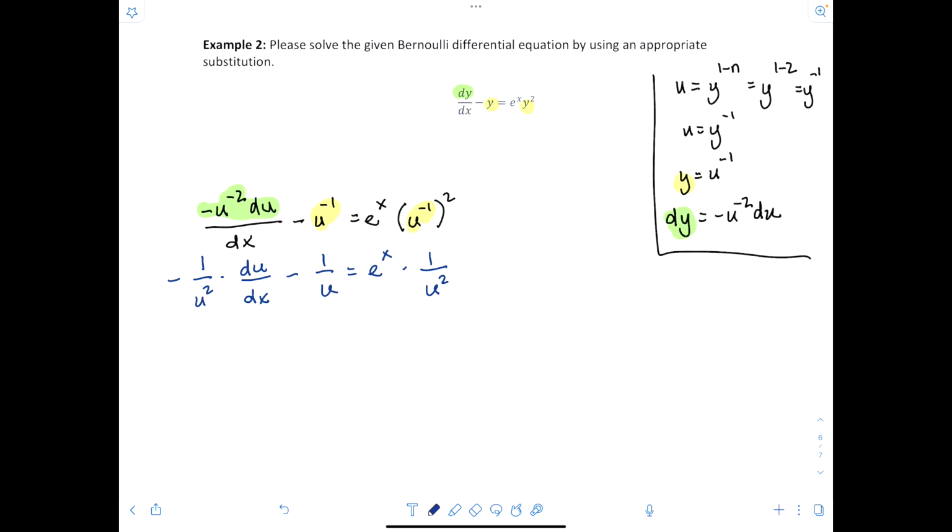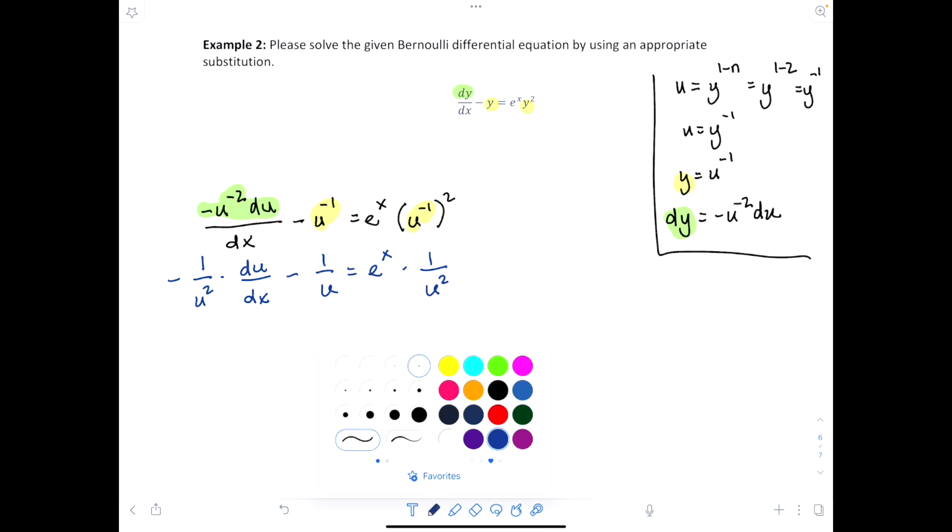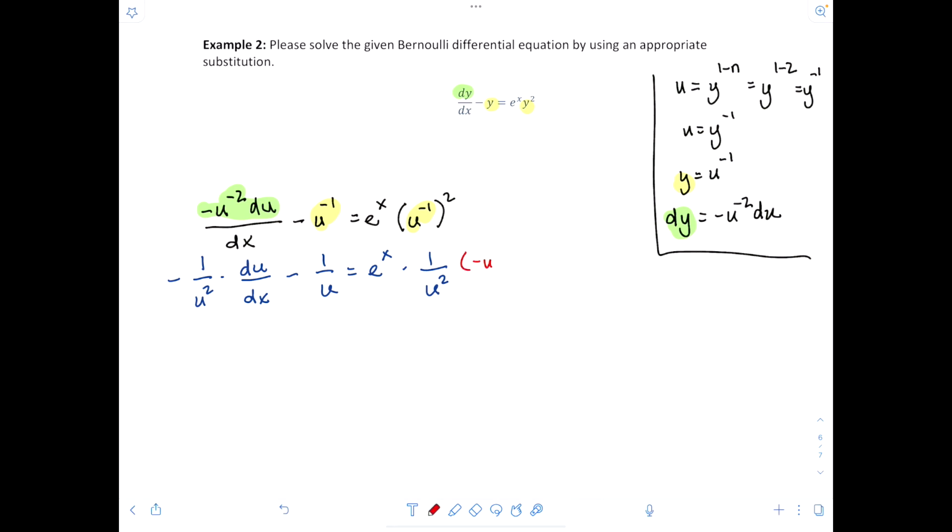All right. So now if I go ahead and multiply by u squared, do you see that we'll have just a function of x on the right? Actually, multiply by negative u squared, then we'll have a function of x on the right-hand side, and on the left-hand side we will have our du dx isolated. So here we go.